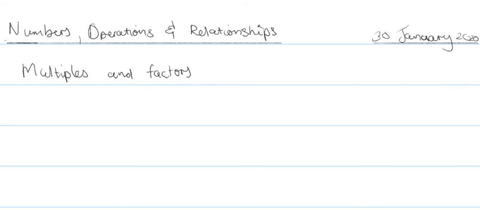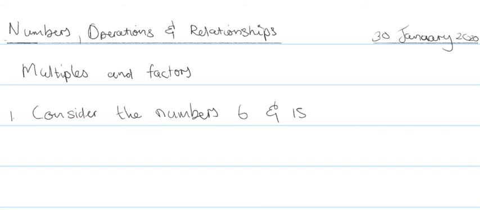And then the instruction will be: consider the numbers 6 and 15. Everyone can see on the board? 6 and 15.